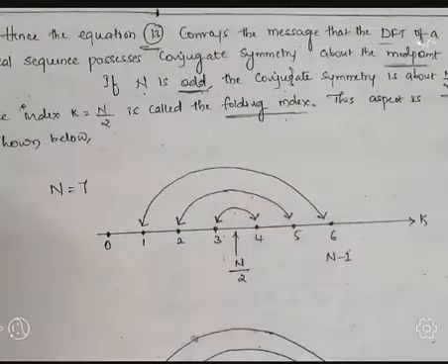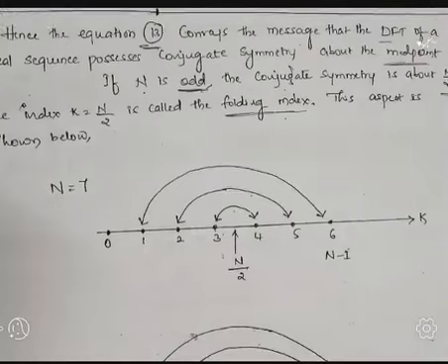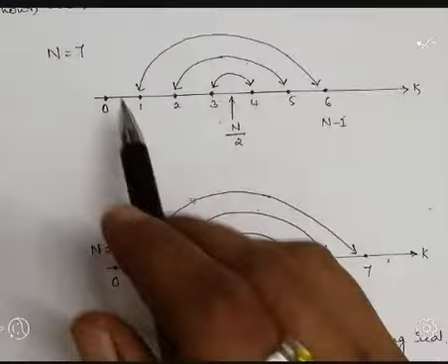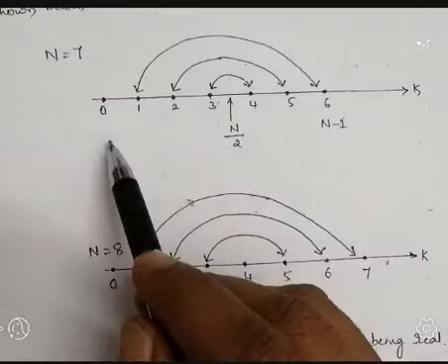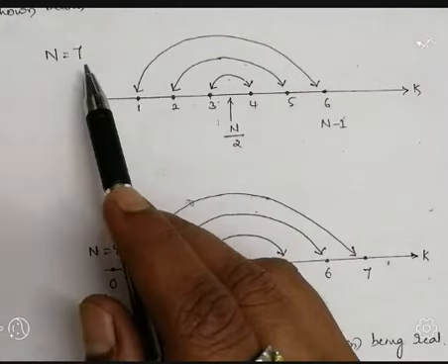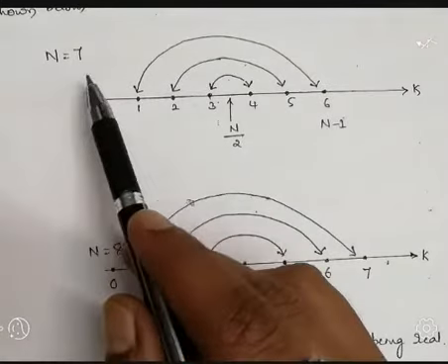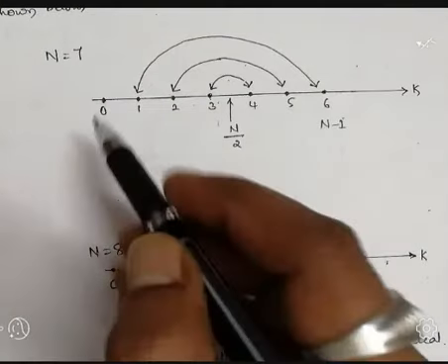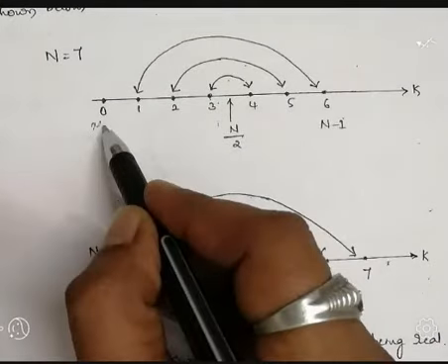So we will take this case with the help of an example. If N equal to 7, it means there are 7 samples present in the given sequence. So those are x of 0, 1, 2, 3, 4, 5, 6.